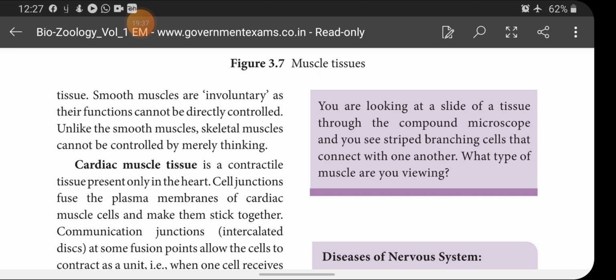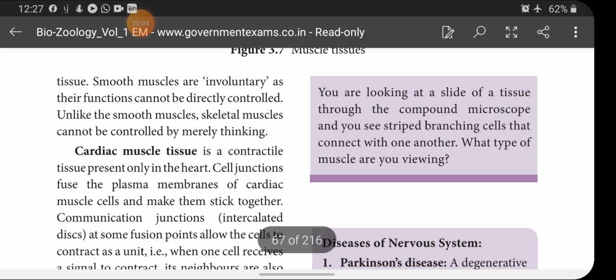Unlike smooth muscle, skeletal muscle can be controlled by merely thinking. So here we can write the difference between smooth muscles and skeletal muscles. Smooth muscles are not under our control, hence we call them involuntary muscles, but skeletal muscle can be controlled by our thinking, hence it is called voluntary muscle.